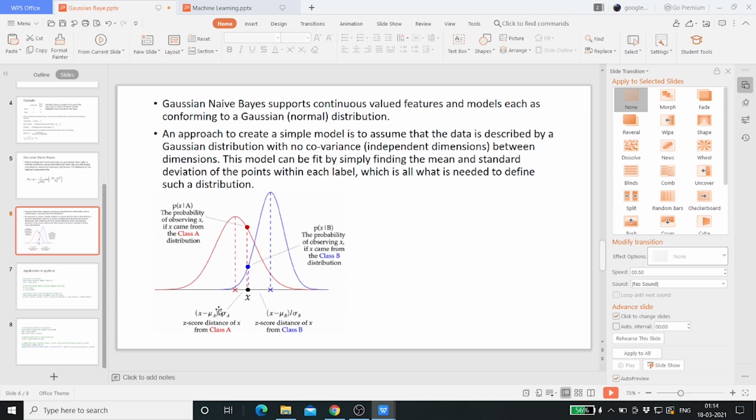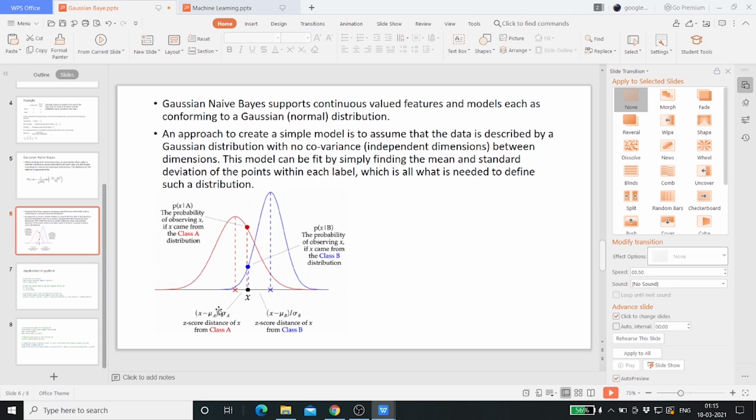So now comes the theory of z-scores. A z-score is a measure of how far from the mean the data point is. So basically it is a measure of how far from the mean our chosen data point is for that class.